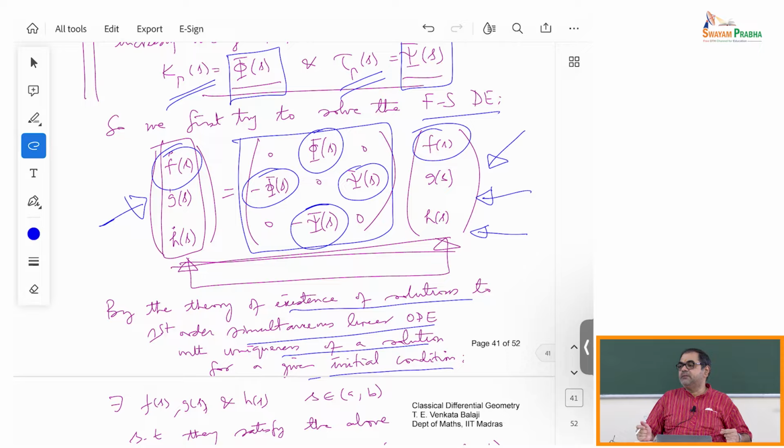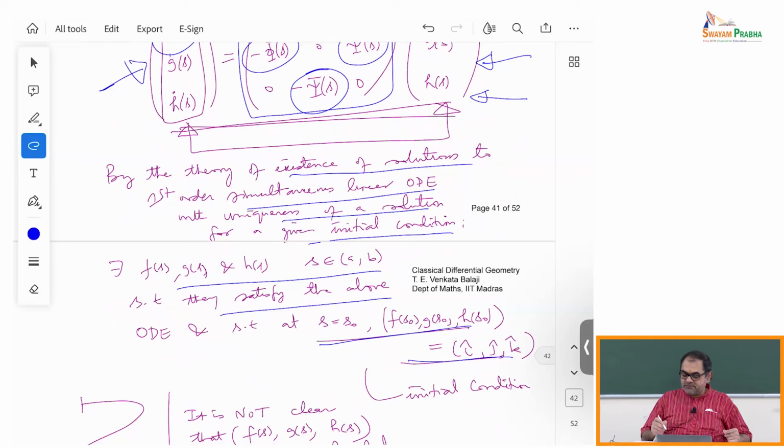Its magnitude will be the curvature of the curve. But the very important thing is that it helps to see it only as a first order linear homogeneous system of differential equations, because that is what is easy to solve.